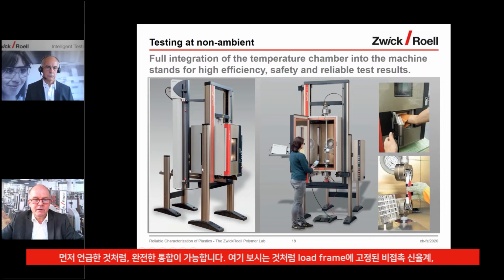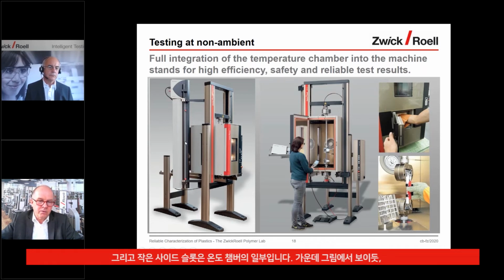So, as I mentioned, there is a full integration. And this full integration concerns, for example, our optical and also the non-contact extensometers, which are, as you can see here, rigidly mounted to the load frame, and we measure here through a side slot. So this is always part of our temperature chambers.